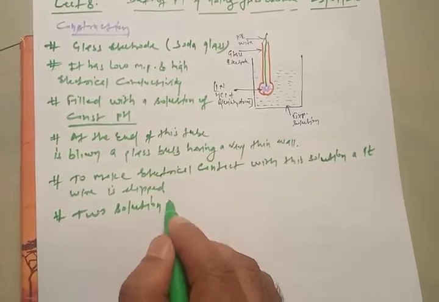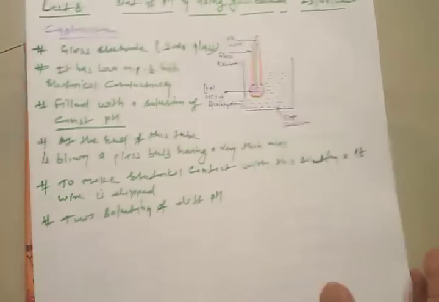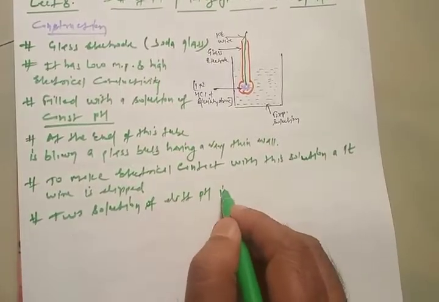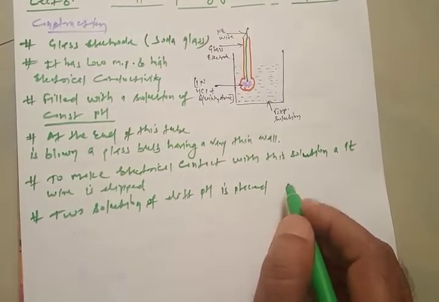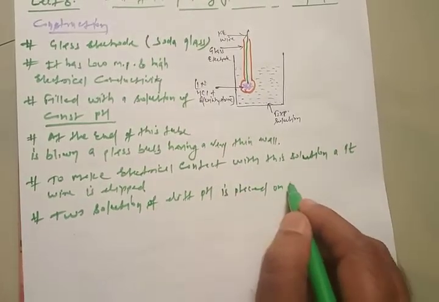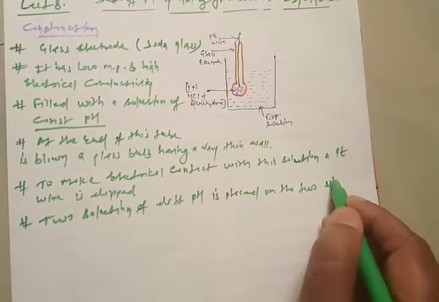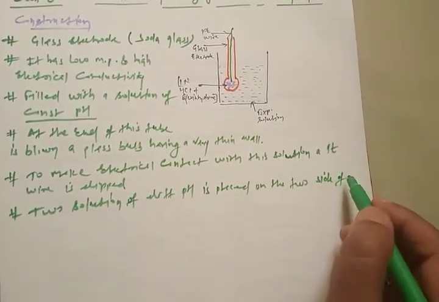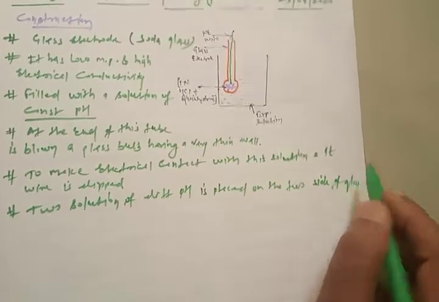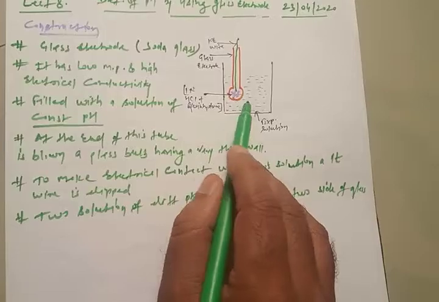So two solutions of different pH are placed on the two sides of the glass bulb. One side has the experimental solution, and the other side has the known solution.